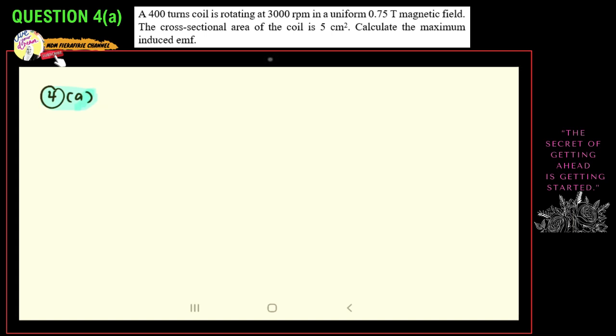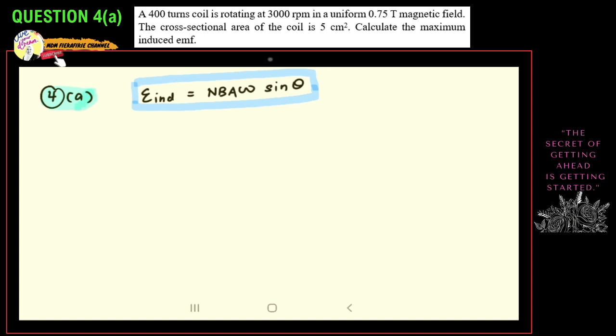So let's calculate the maximum induced EMF. So when we talk about rotating coil, okay, so the equation of the induced EMF is actually equal to NBA omega sin theta.